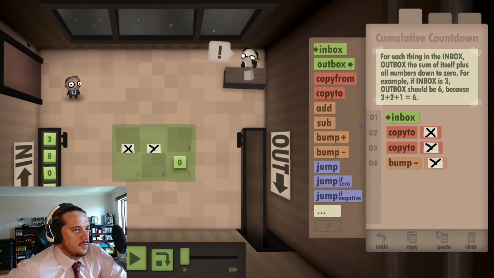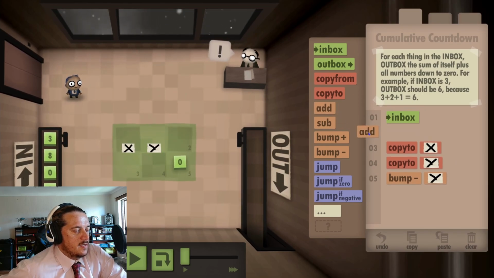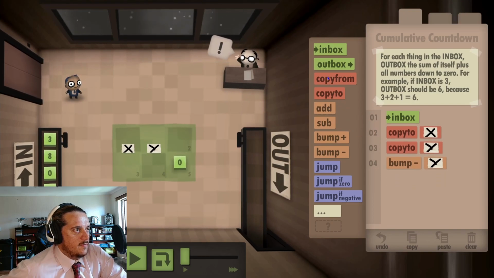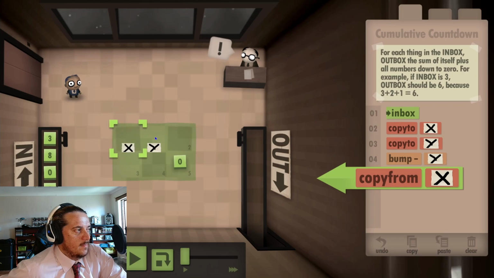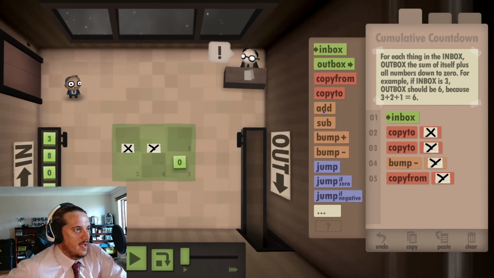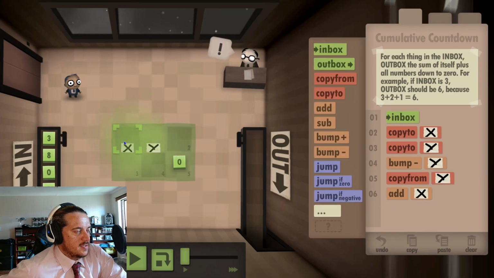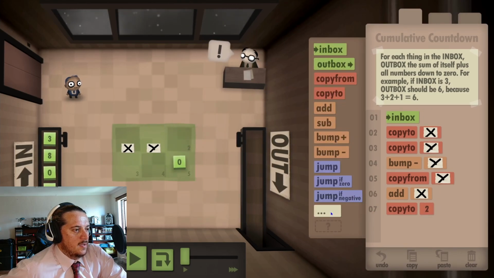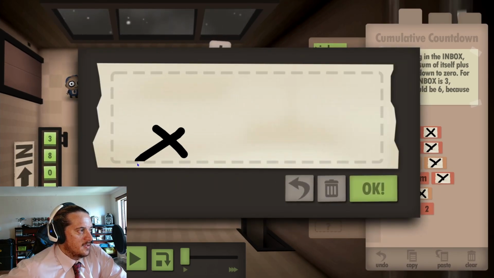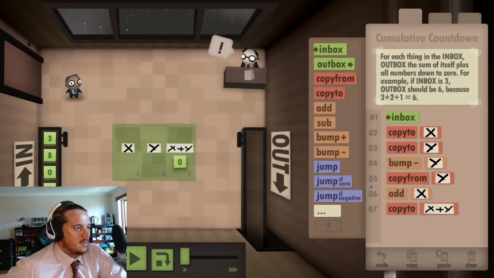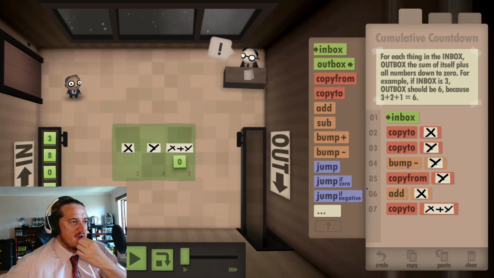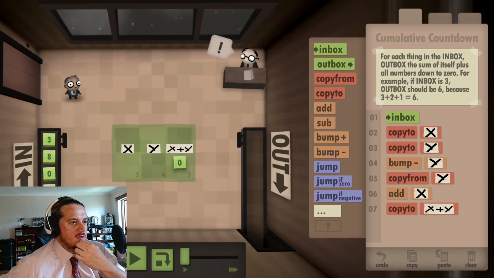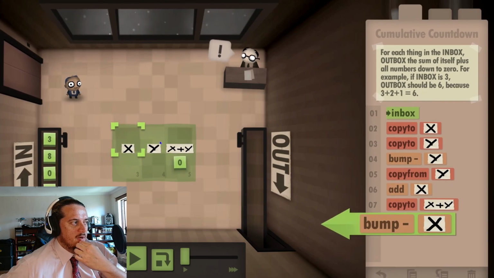I'm going to add. I'm going to copy from Y, and I'm going to add X. Then I'm going to copy to, and this is going to be X plus Y, and then I'm going to bump Y again.